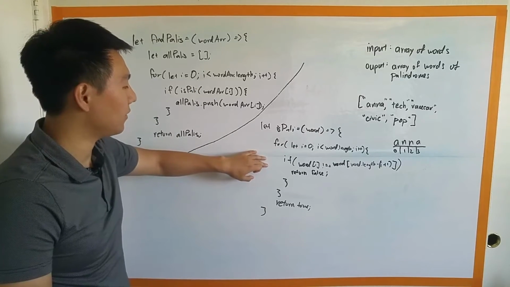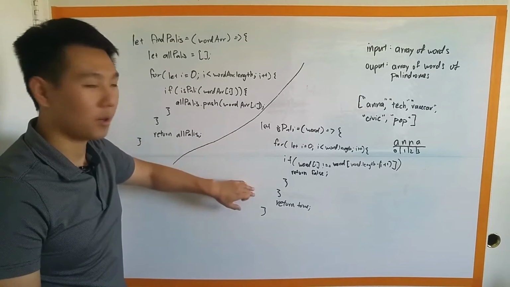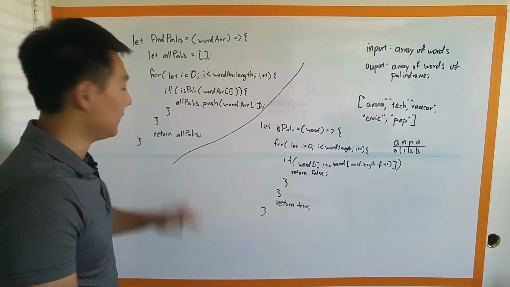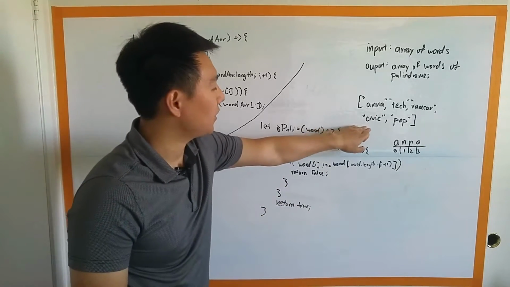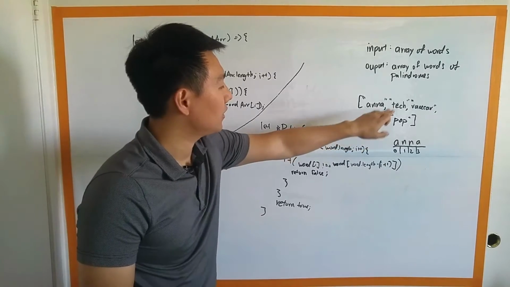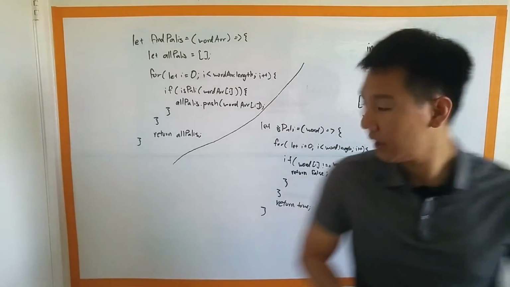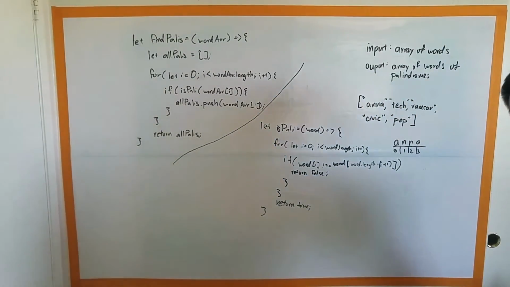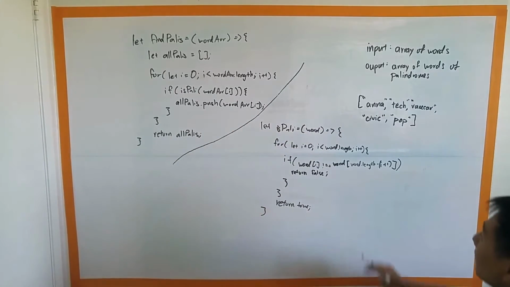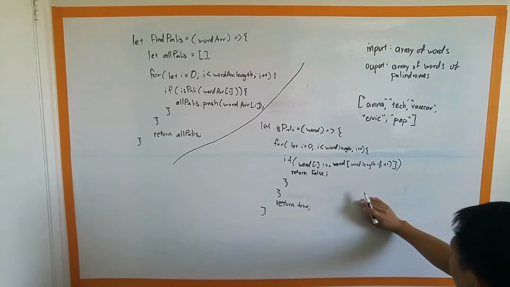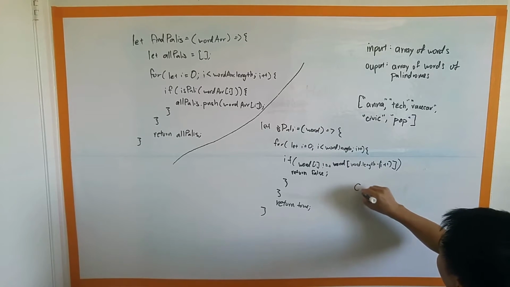So let's test the isPally first, and once we guarantee that this is working, we could run through this real quick. So isPally, let's check Civic and let's check Tech. So Civic, and we'll do it right over here. Hopefully that's still in a good spot for you guys.